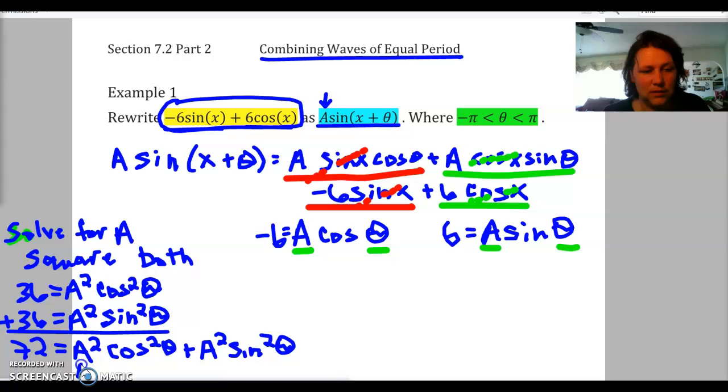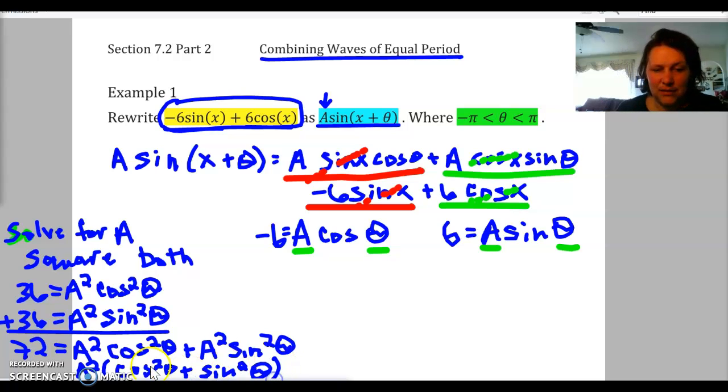What we have left is cosine squared theta plus sine squared theta, which of course is our favorite trig identity because it equals 1. So we're going to cross all of that off because all of that goes to 1.